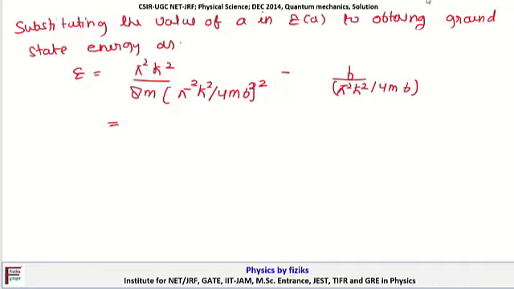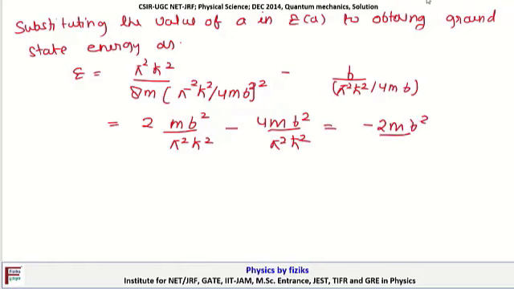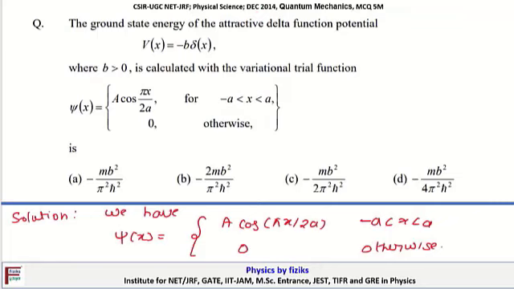So this would give us 2mb square by pi square h square minus 4mb square by pi square h square, which equals minus 2mb square by pi square h square. Thus, the correct answer for this problem would be option B, minus 2mb square by pi square h square.